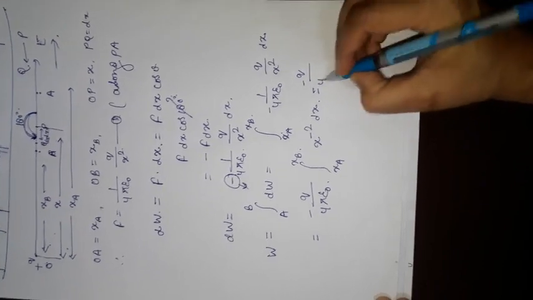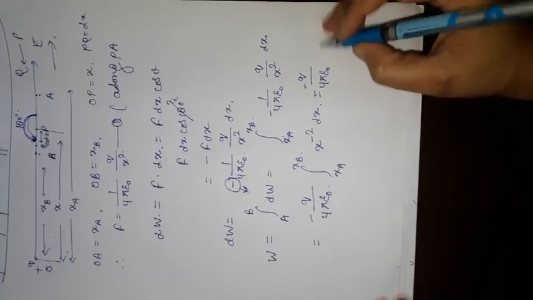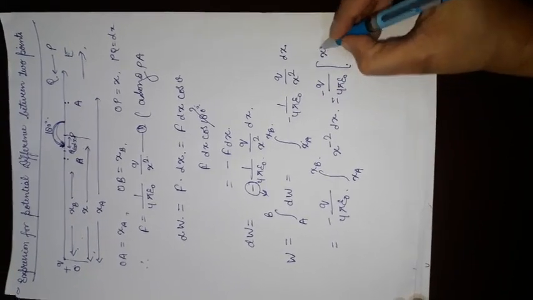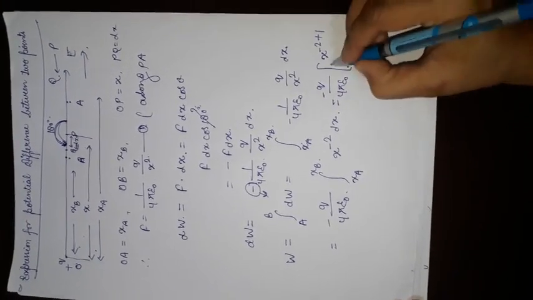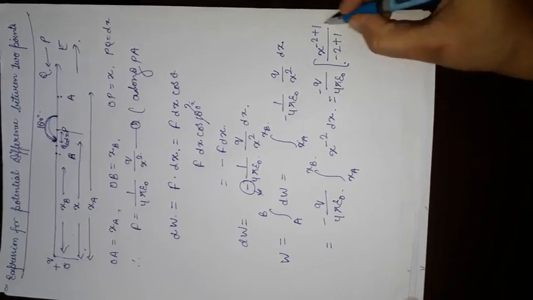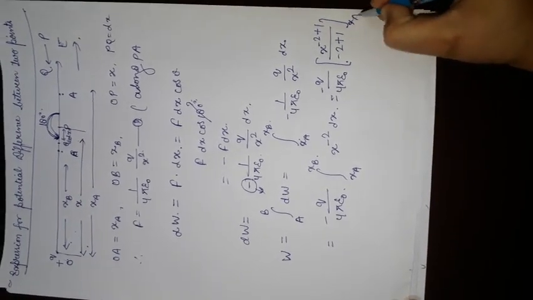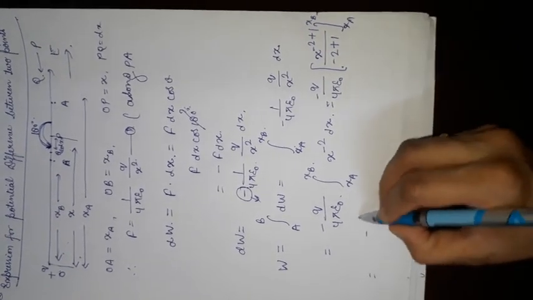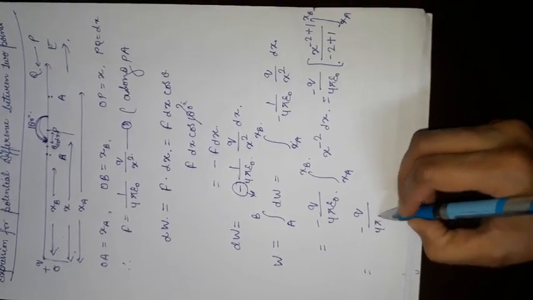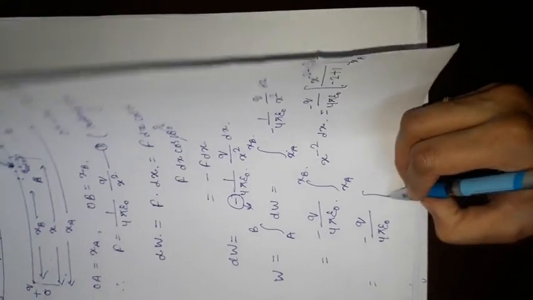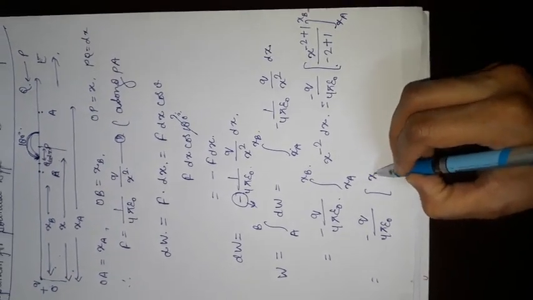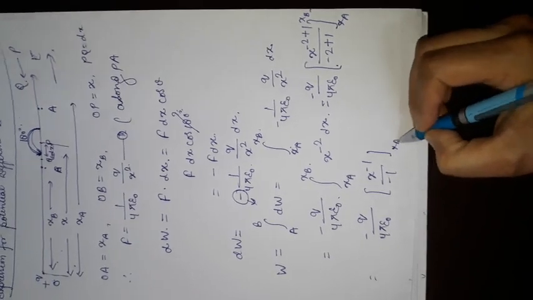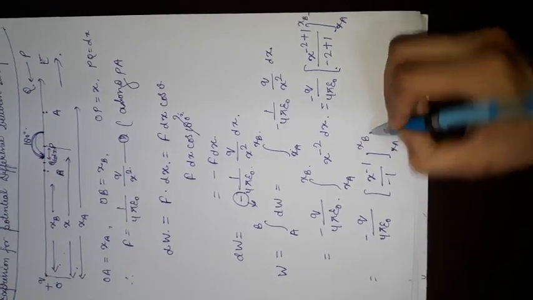So Q over 4 pi epsilon naught, integrate by calculus, limit xa to xb. So minus Q over 4 pi epsilon naught, x to the power minus 1 upon minus 1, limit xa to xb.